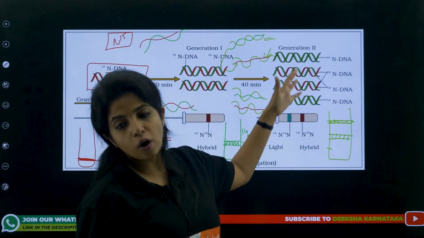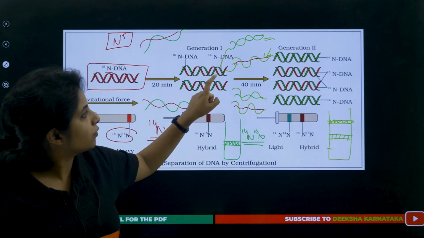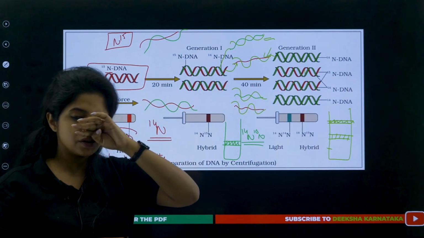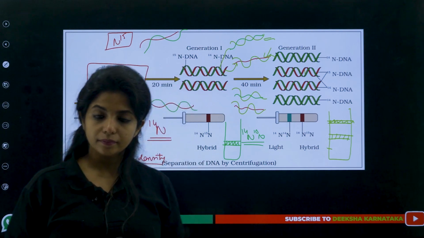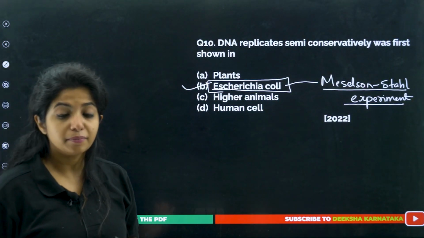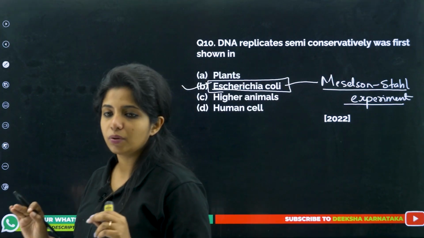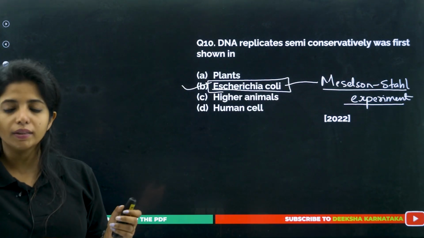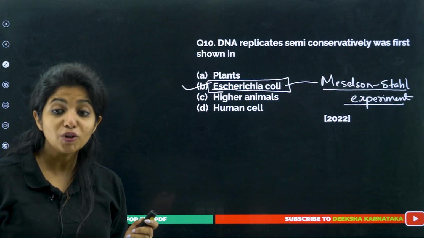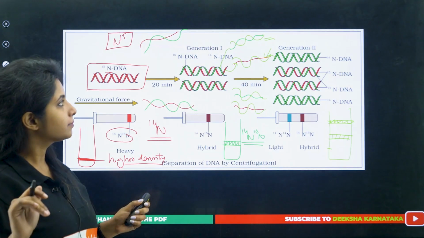Now, whatever you do, however many replications you do, every time you will get two strands which had N14 and N15, and the other strands will be the new ones. Okay, this was the proof given by Meselson and Stahl. They said that yes, DNA is replicating semi-conservatively, and they showed it with the help of Escherichia coli. This came in 2022. Okay, works?